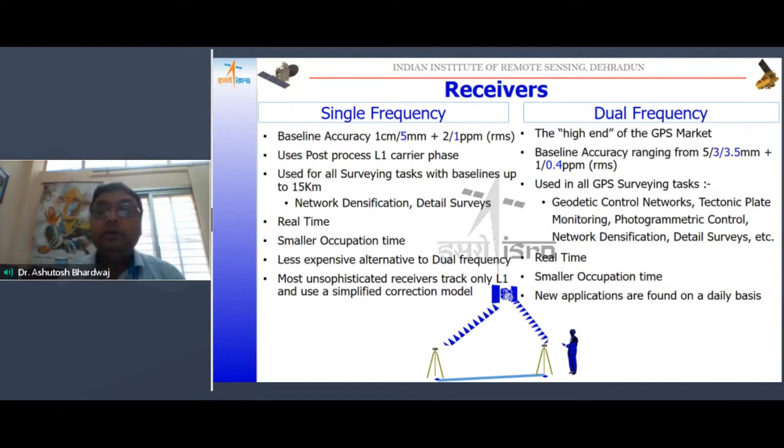But if you have a larger study area or continental area or a countrywide area where baselines are of the order of hundreds of kilometers to thousands of kilometers also, then you have to work with the multi-frequency receivers only.